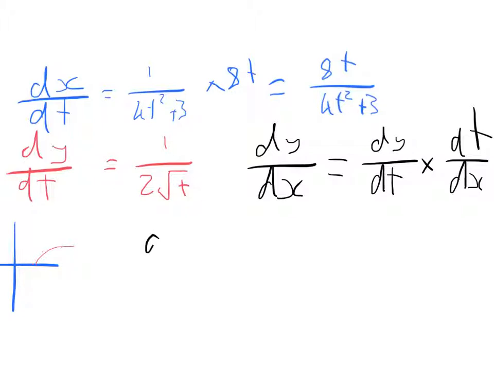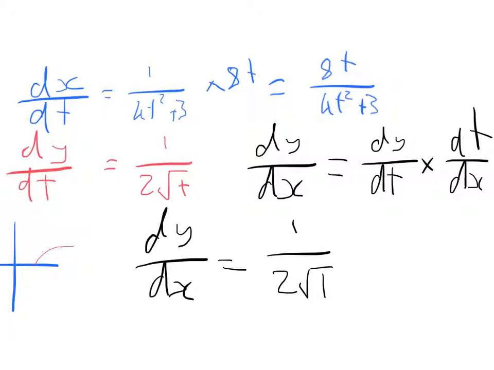So dy over dx equals 1 over 2 root t, times, and then we flip this up, 4t squared plus 3 all over 8t.